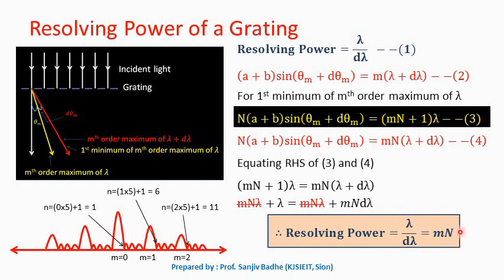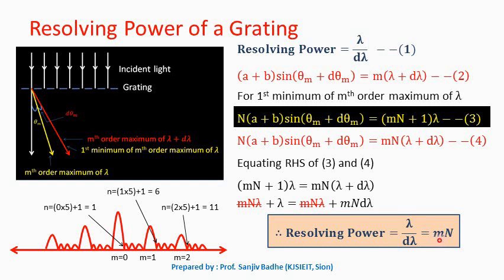So the resolving power of a grating is given by m into N. From this relation it is clear that resolving power increases with m. What is m? The order of the maximum. So resolving power is directly proportional to the order of the maximum. In the higher order, resolving power will be more.